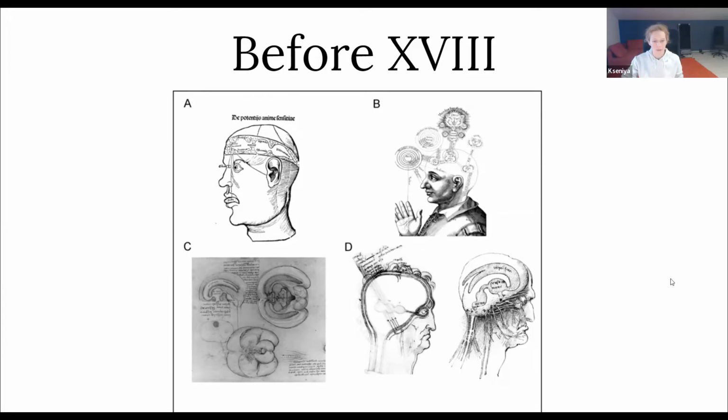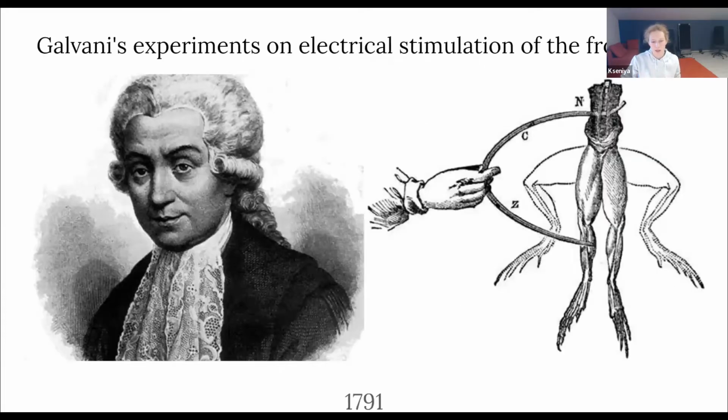Okay. And in my opinion, the history of studying the mechanisms of the brain begins from the moment when in 1791, Luigi Galvani published his work on electrical stimulation of the frog nerve.